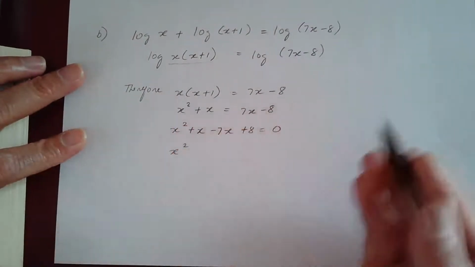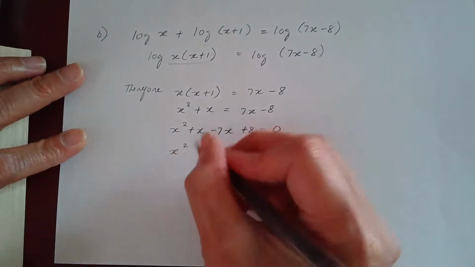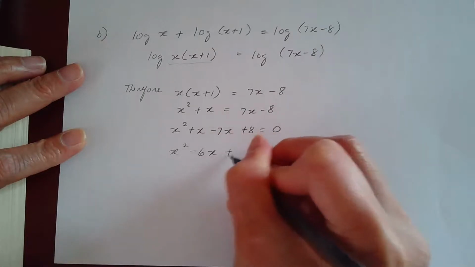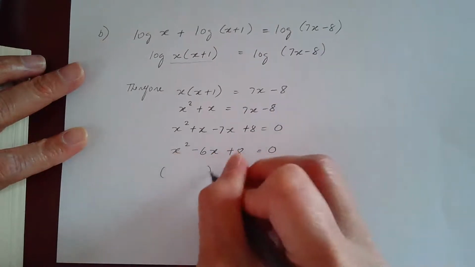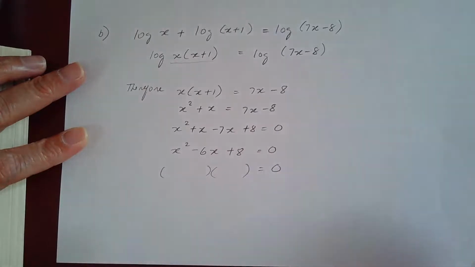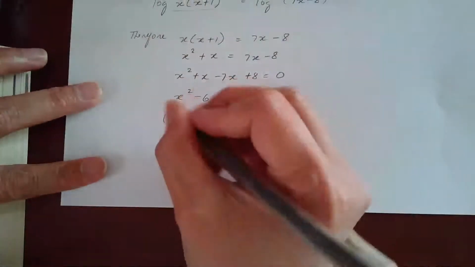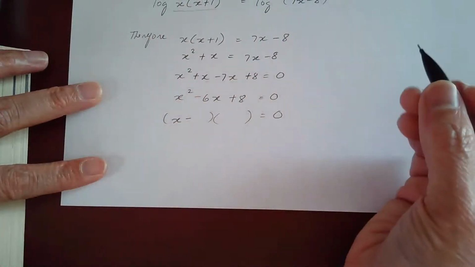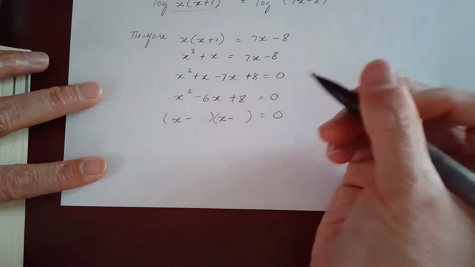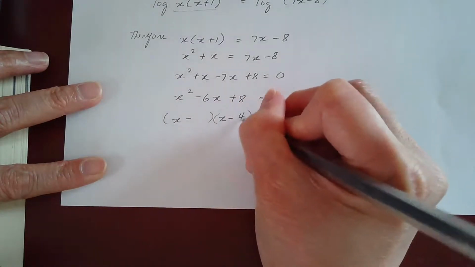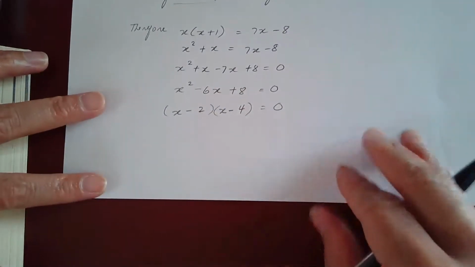So x squared, that's going to give us negative 6x plus 8 equals 0. So this is going to be x minus 4 and x minus 2, right?